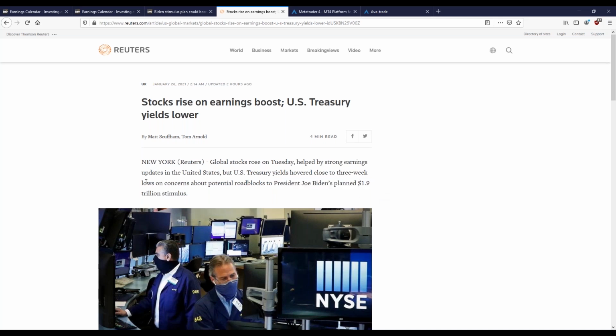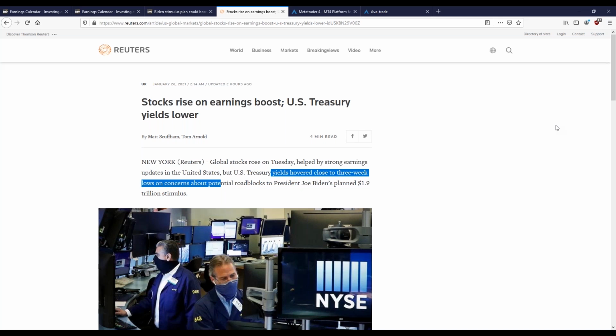And so why would treasury yields be near a 3-week low? Well, when there's potential fear of a market sell-off, the banks raise the price of the treasury bonds and lower the yields, right? If there's high demand for them, price goes up and they offer less as a yield, as a payment on them.